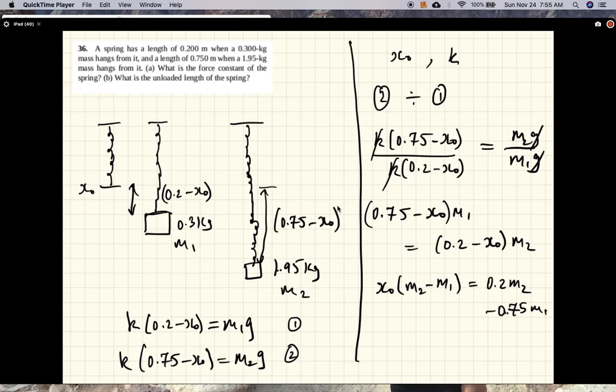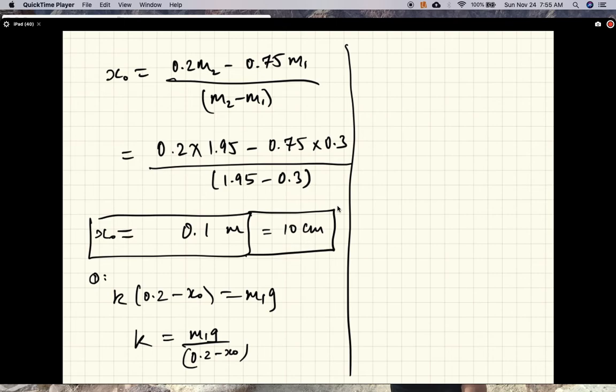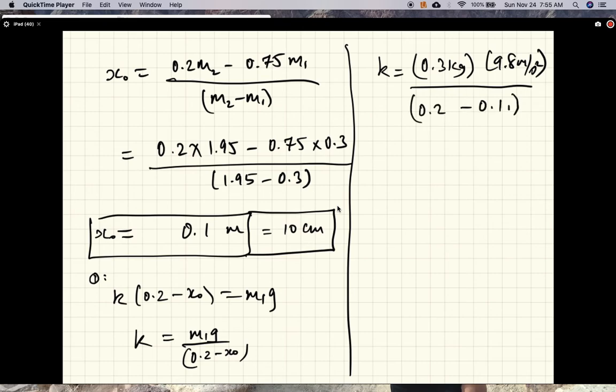So k times 0.2 minus x naught equal to m1g, and so the spring constant is m1g, 0.3 kg times 9.8 meters per second squared, divided by 0.2 minus 0.1 meters.